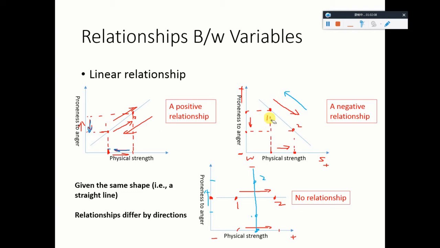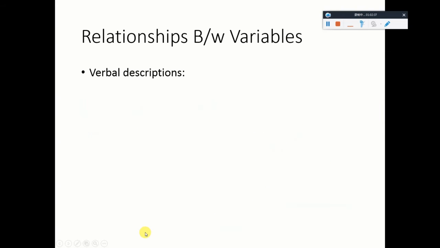So they're all linear relationships, but at the same time, these are different relationships because they describe, in this case, a positive correlation, in this case, a negative correlation, and in this case, no correlation. So that's why we say these linear relationships differ by direction. Okay?